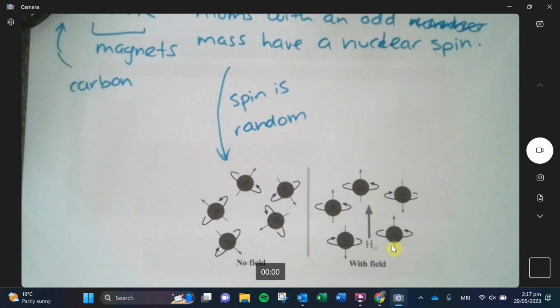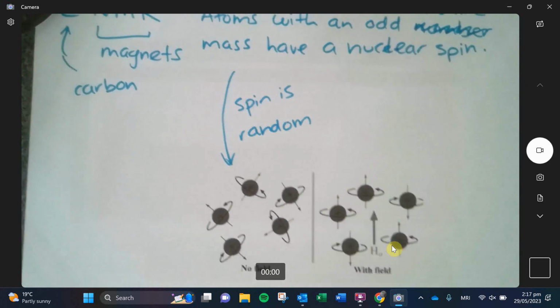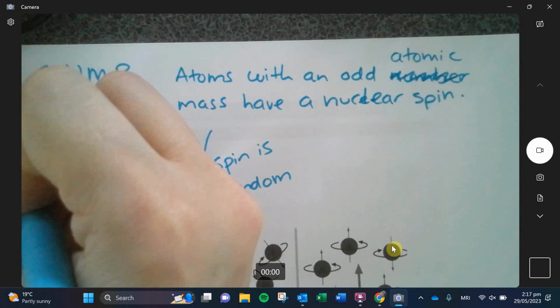Now, when we think about carbon and its atomic mass, what's its atomic mass number? 12. So that's an even number, isn't it? So in theory, when we think about this, it's not supposed to work. And so we have to specifically use carbon 13 for this.